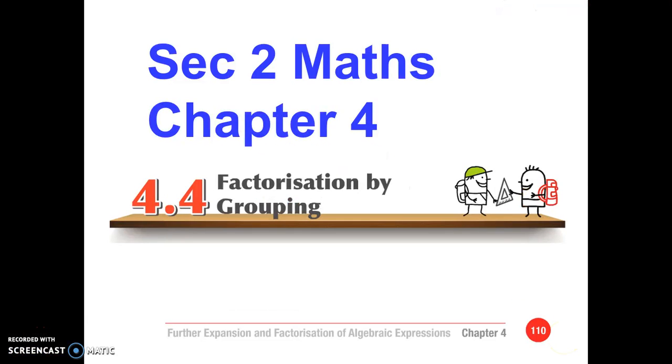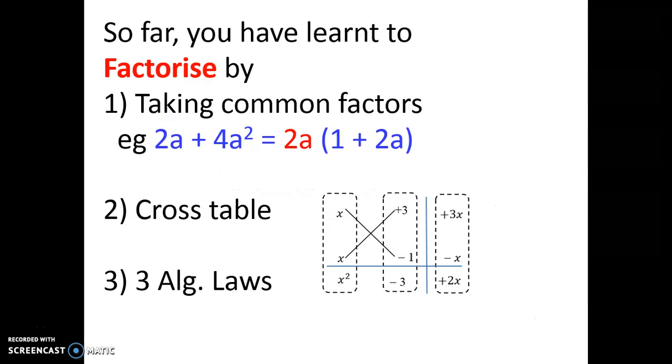In this video, you will learn how to do factorization by grouping. So far, you have learned to factorize by taking common factors, cross table, and the three algebraic laws.